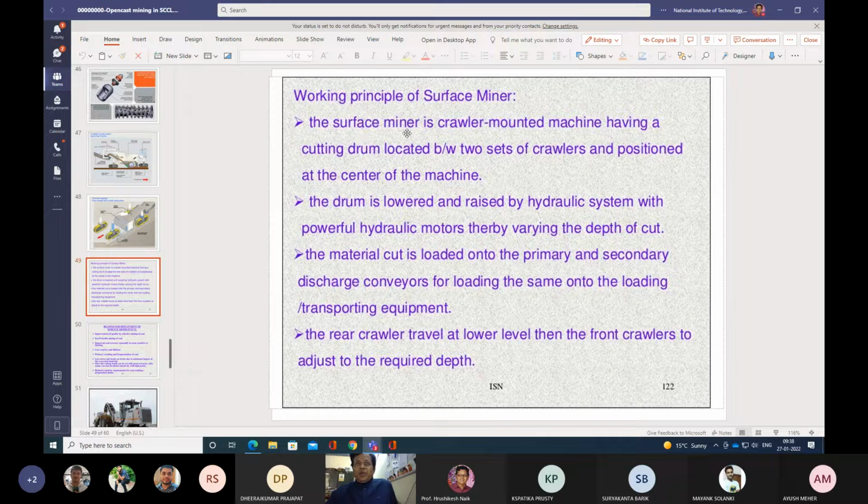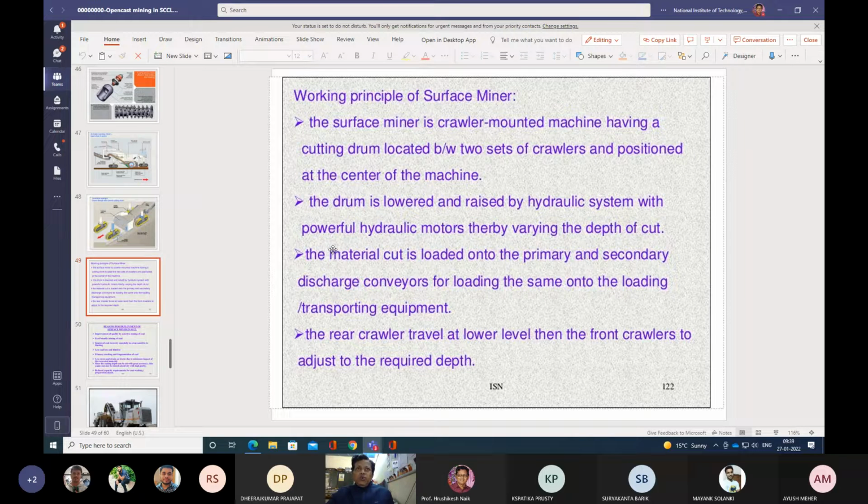The surface miner is a crawler mounted machine having a cutting drum located between two sets of crawlers and positioned at the center of the machine. On both sides there are crawlers. Between the two crawlers, your cutting drum is there.